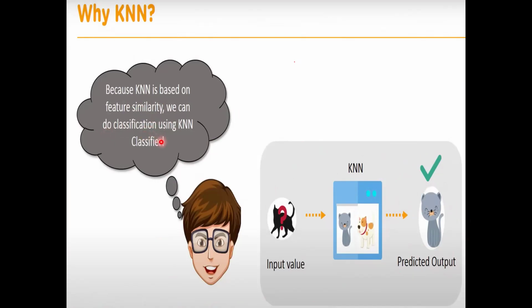We can do classification using the KNN classifier. So this is what our programmer is going to think, because I have a special algorithm called KNN where I can take the input data set, predict, and give the predicted output. So how a programmer should think is that the theory has to be mapped to this kind of implementation, right?